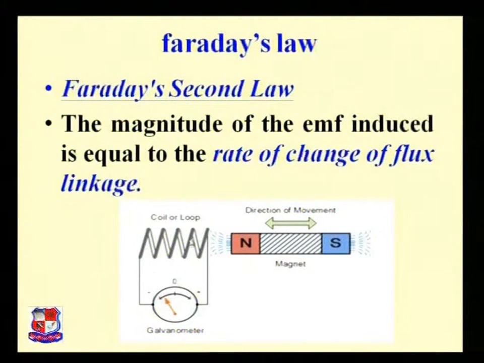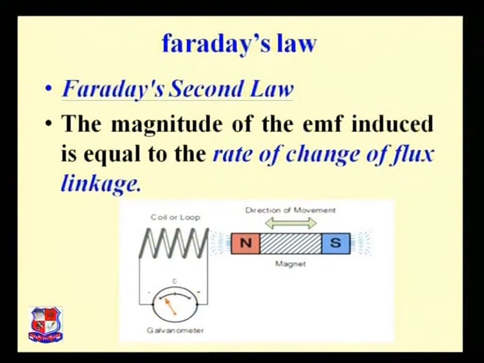When the flux changes, EMF is generated, which we call induced EMF. The induced EMF is always equal to the rate of change of flux linkage. When we keep the magnet near and far, the magnetic flux linked with the coil changes, and on the rate of this change of flux linkage, the EMF is induced.